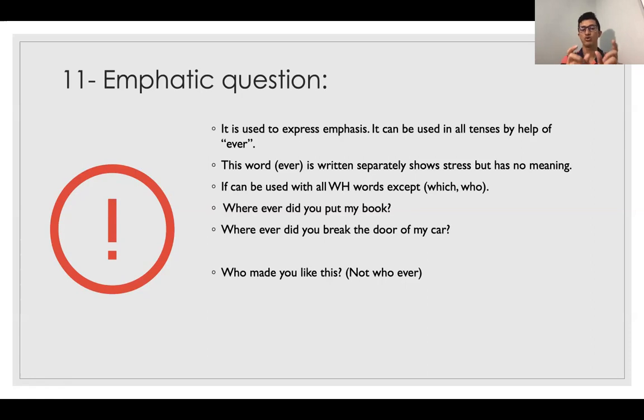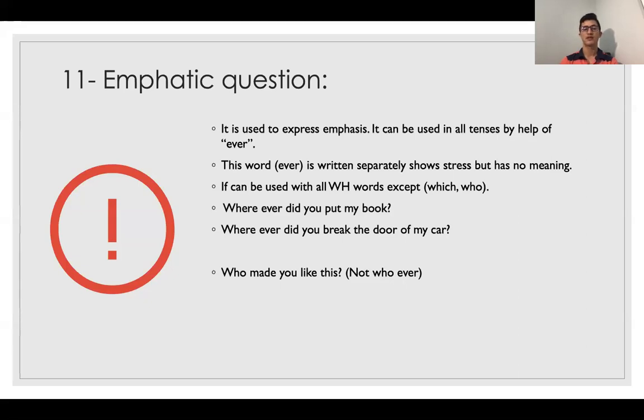But when you use it separately in your sentence, it doesn't change the meaning, but it shows stress and emphasis. Okay. So usually you can use that with question words, except who and which.